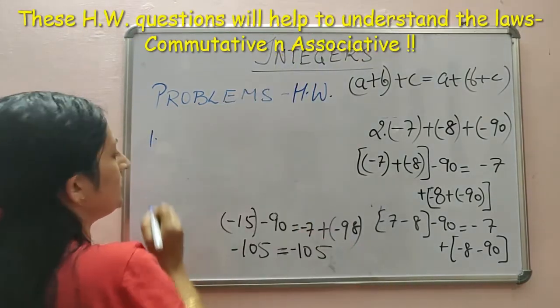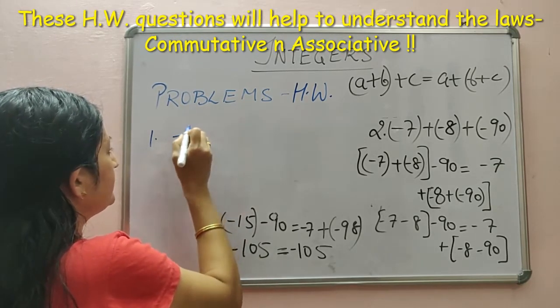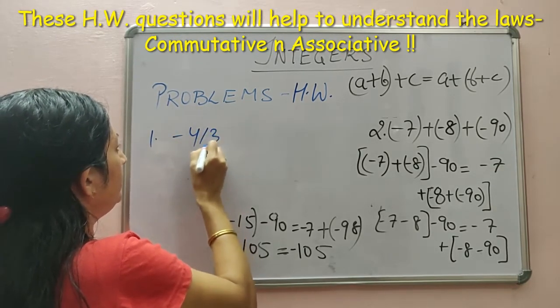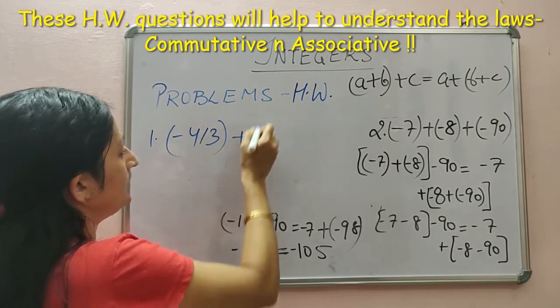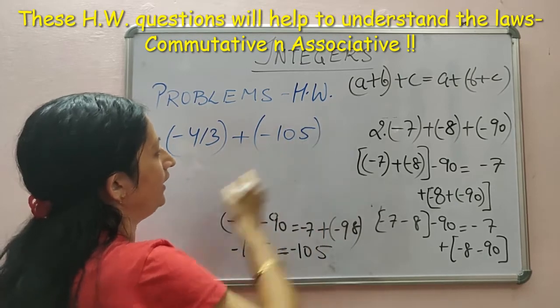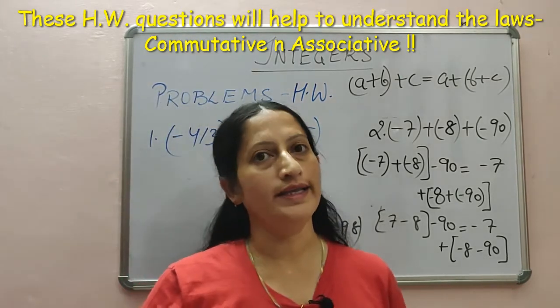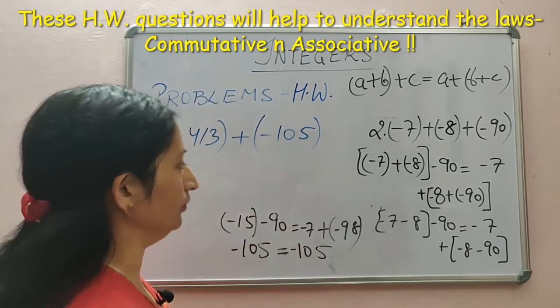So first question is, you will write minus 413 plus you will do minus 105, and in this you have to show that commutative law is correct or it is proved.